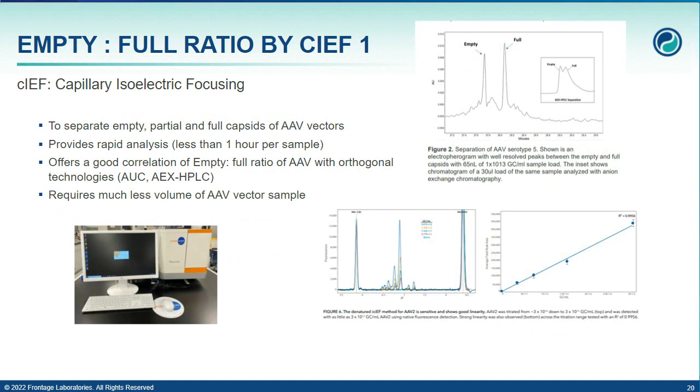Empty-full ratio can be determined by CIEF as well. CIEF represents the capillary isoelectric focusing method. CIEF is great for separating empty, partial, and full capsids of AAV vectors, and provides rapid analysis, usually less than 1 hour per sample.